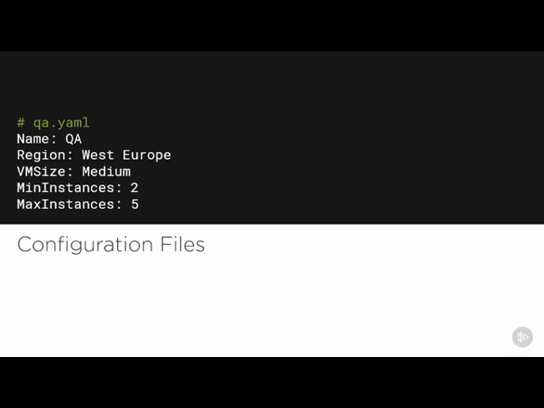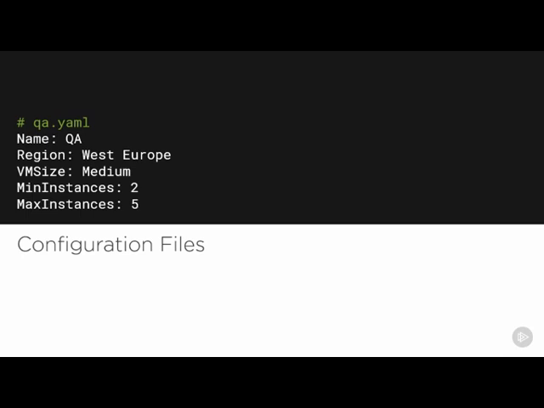So here I'm showing an imaginary configuration file that expresses that the QA environment should be deployed in the West Europe cloud region, it should use medium-sized virtual machines, and scale between a minimum of 2 and a maximum of 5 instances of the virtual machine.